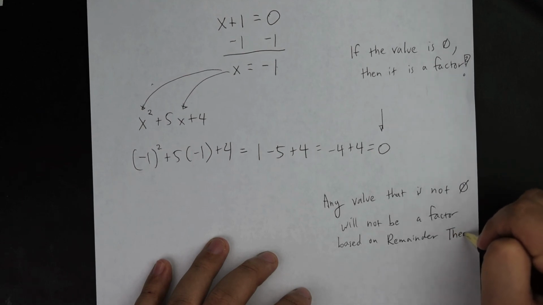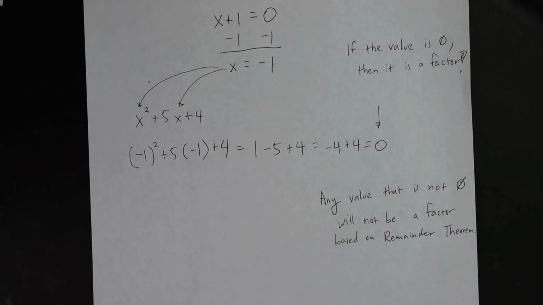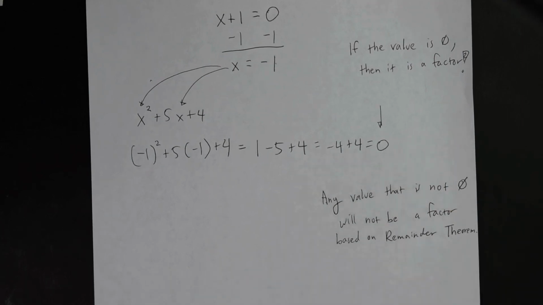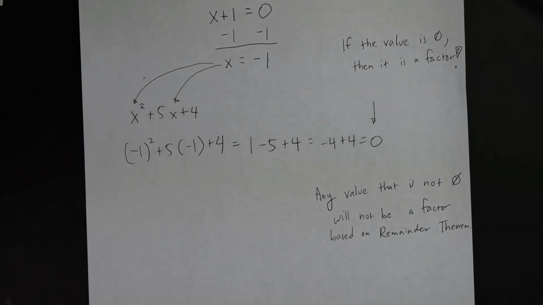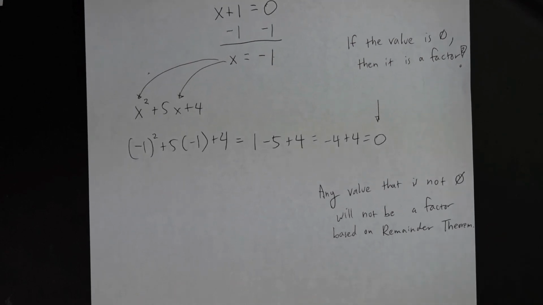So if I do calculations and I get negative numbers, or I get a fraction, or I get like 800, or whatever value comes out of here, if this is not going to be 0, then I know as a fact it is not a factor, and I do not need to worry about that value. And so be aware that this concept of the remainder theorem is connected to a larger concept that you will be learning soon enough. So make sure to watch out for the video where I'm going to explain why the remainder theorem is so important.